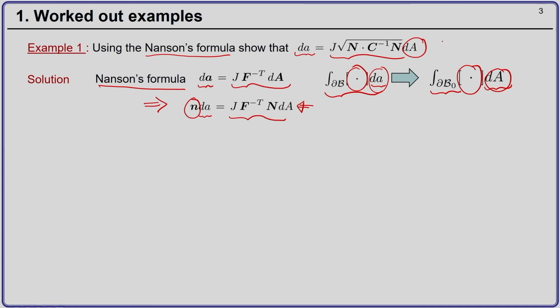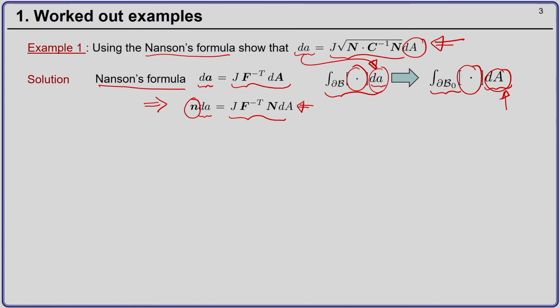If we can have this relation, we can substitute it here and get d capital A. So, how do we show this?